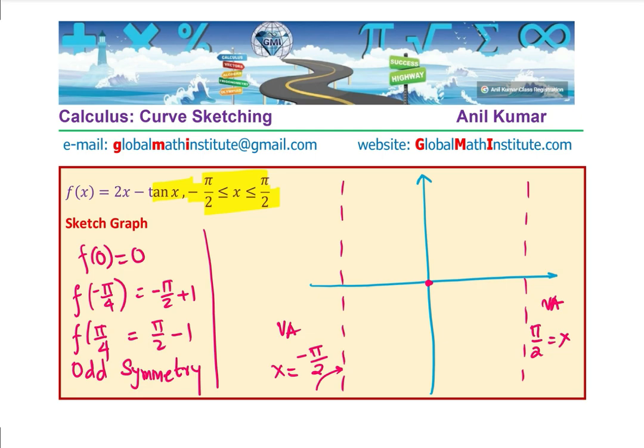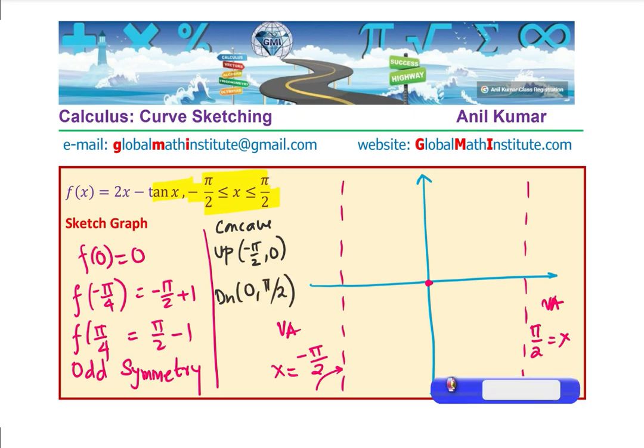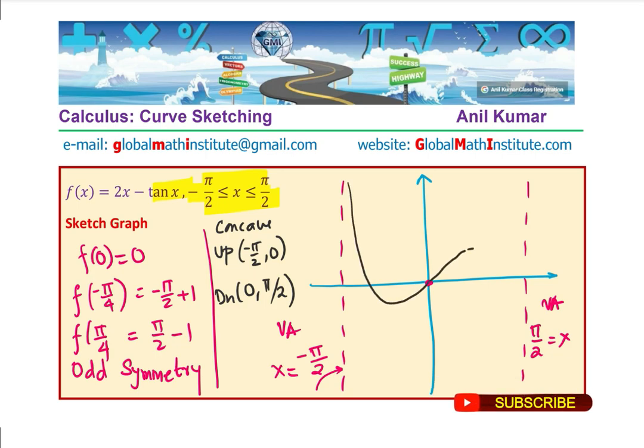Then from the second derivative, we found the concavity: concave up from minus pi by 2 to 0, and concave down from 0 to pi by 2, correct? And a point of inflection right there. Looking at this, we can actually sketch the graph. Let me sketch it better.